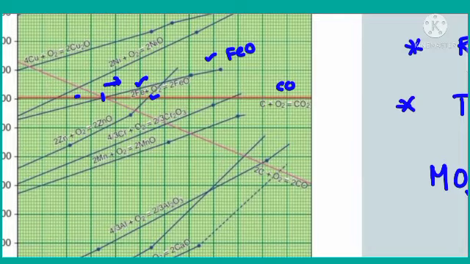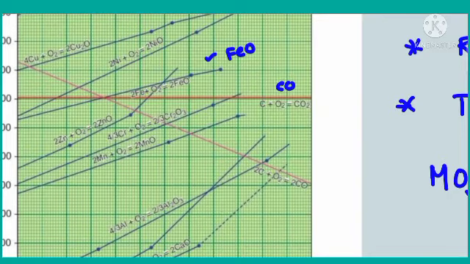Then left of the intersection point, which means below 1000 Kelvin, the iron oxide line is below the diagram and carbon monoxide is above the diagram, isn't it? So from this what we understand is that above 1000 Kelvin, carbon monoxide is more stable than iron oxide, isn't it?